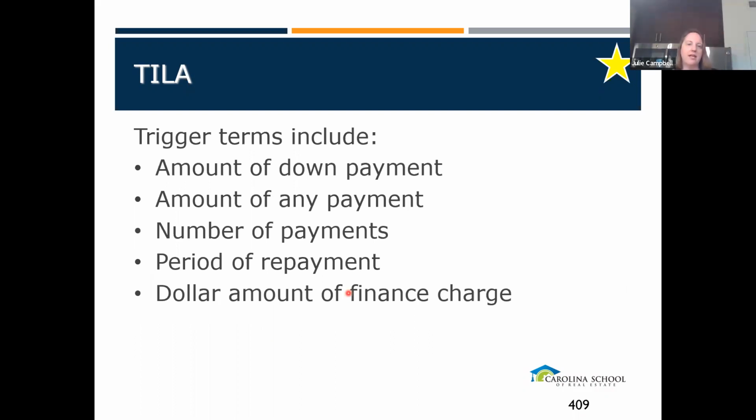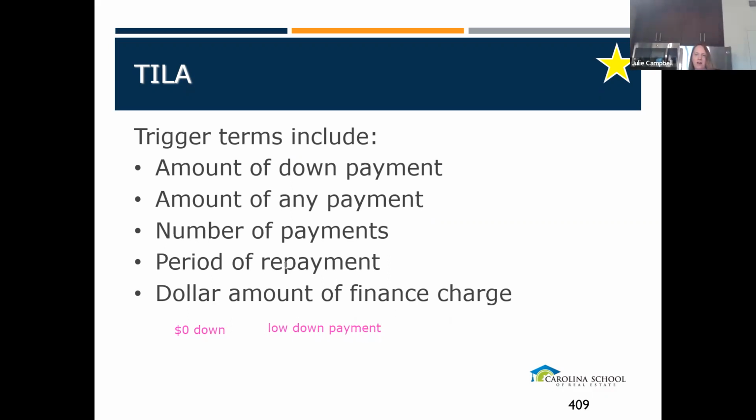Anytime you hit a specific number about the amount of the down payment, any payment amount, the number of payments, the period to repay, or the dollar amount of the finance charge. For example, it's the difference in saying 0 down in your ad versus low down payment.